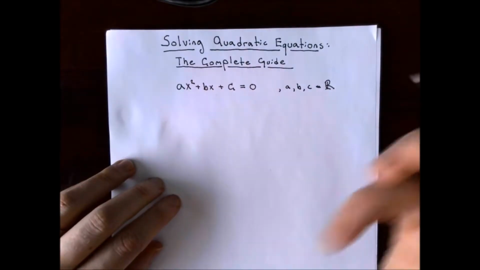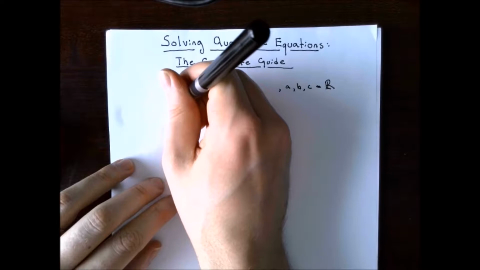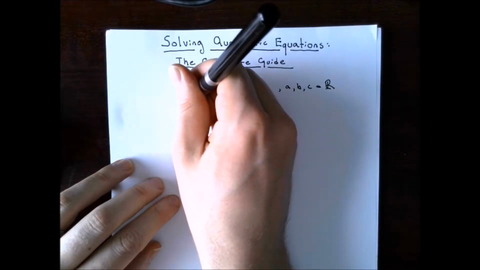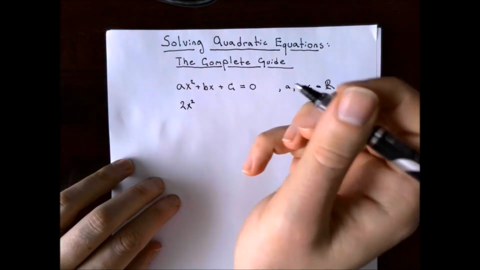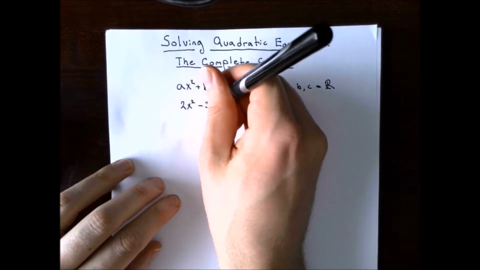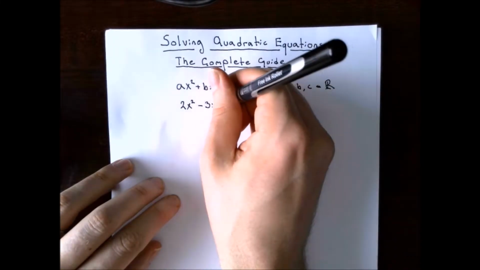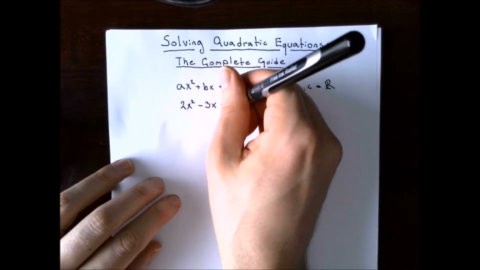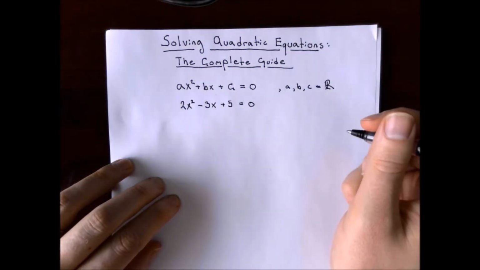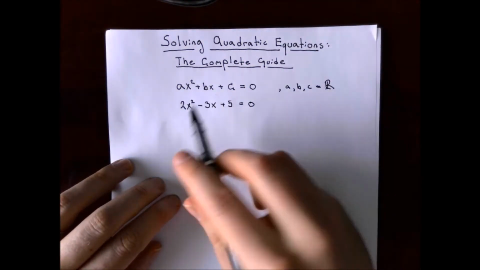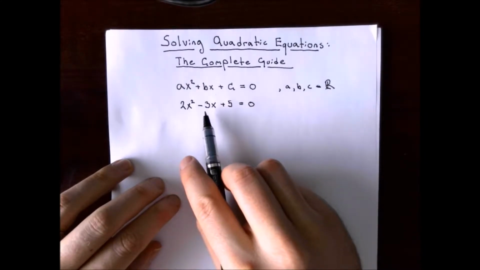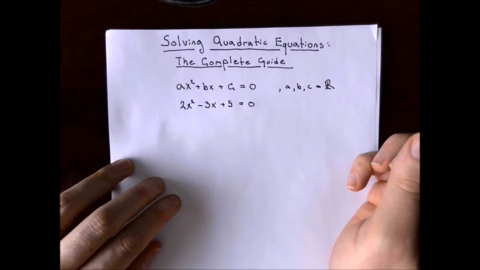As an example, a quadratic equation could look like this: 2 times x squared minus 3x plus 5 is equal to 0. Here a would be 2, b would be minus 3, and c would be 5.